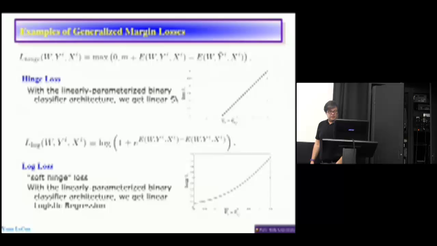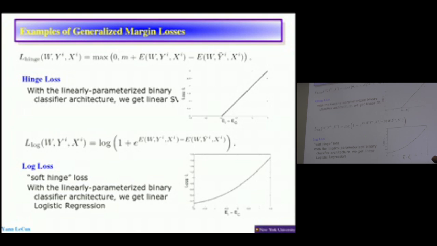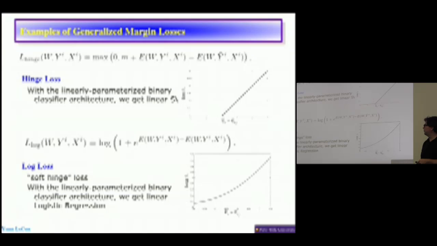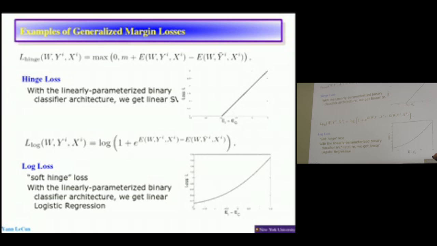Okay, here is a second type of loss function we can use. This one is very similar to the logistic regression loss for two-class classification. We call this sort of log loss or soft hinge. And this is the log of 1 plus the exponential of the difference between the energy of the correct answer and the energy of the most offending incorrect answer.